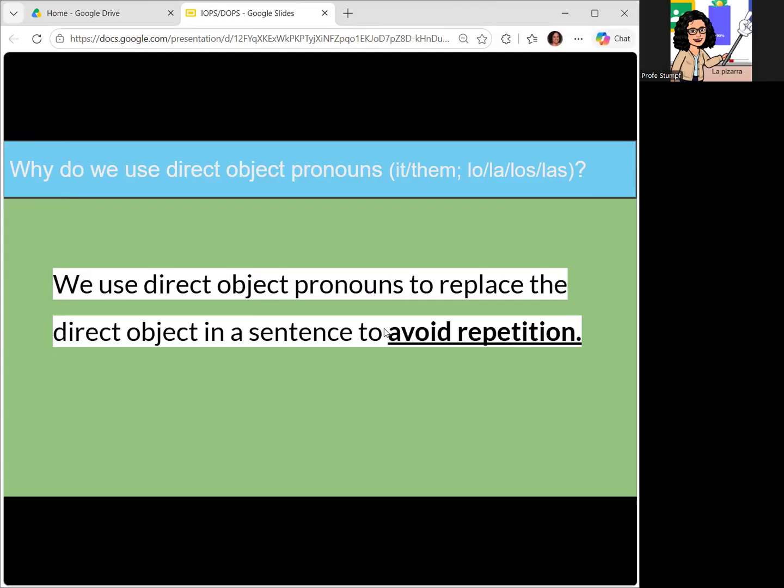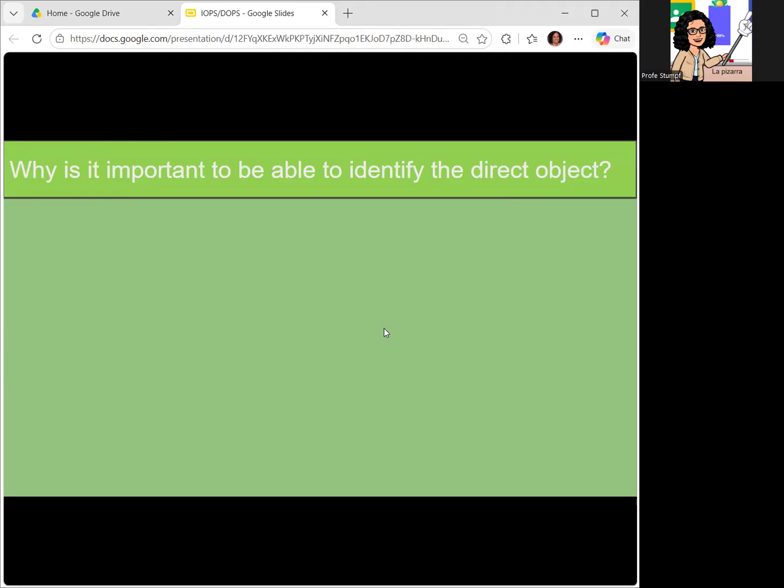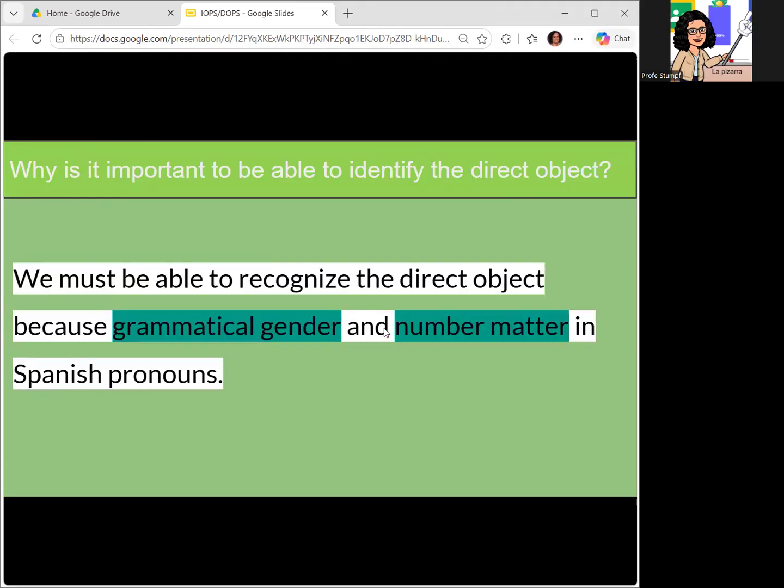Just like if you would use a personal pronoun instead of the subject, you should already know what's being talked about. Okay. So it is important to identify the direct object, like I just said, before we actually choose to replace it. You've got to recognize it, identify it, and also figure out its gender and number.